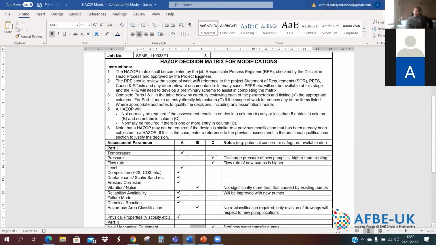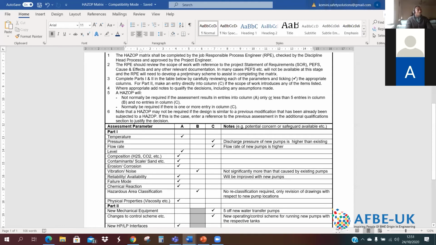Typically the HAZOP matrix is completed by the responsible engineer, either the process engineer or the safety engineer, whoever is responsible for making that decision to HAZOP or not to HAZOP. Sometimes it could be the process engineer, depending on the company, but most times, in my experience, it's the safety engineer. It's checked by the process lead and then approved by the project engineer.